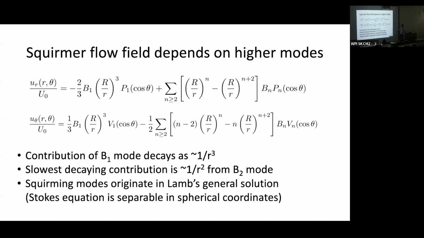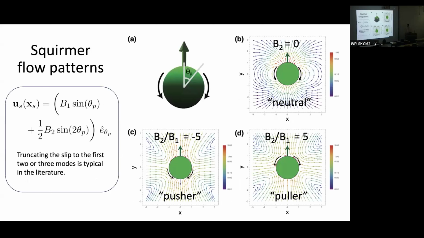By the way, where do these come from? Stokes' equation is separable, but it being a vector equation, it's a little hairy. There's something called Lamb's general solution, which you can find in textbooks. And this is basically the axisymmetric case for Lamb's general solution when you separate Stokes' equation. Okay, so this is what you get for the flow fields.